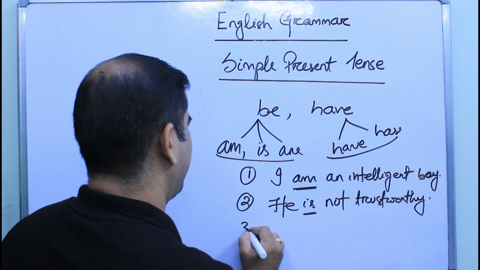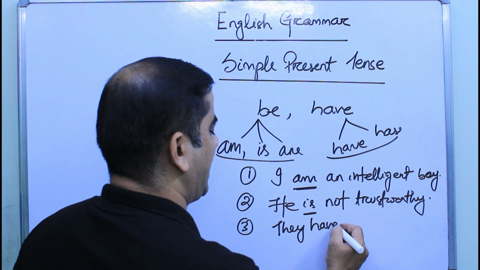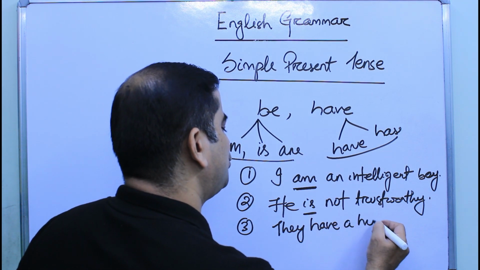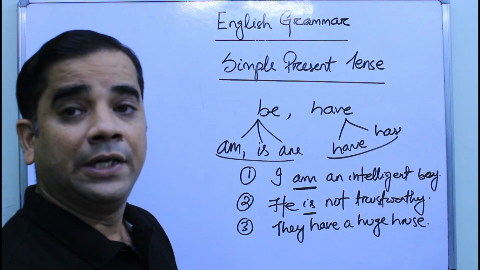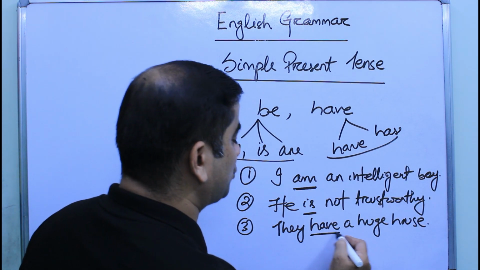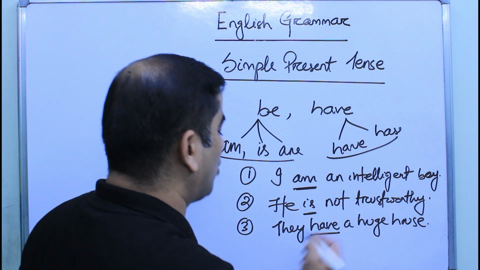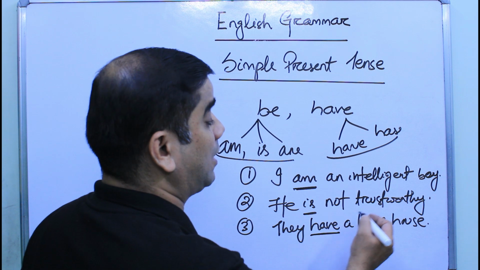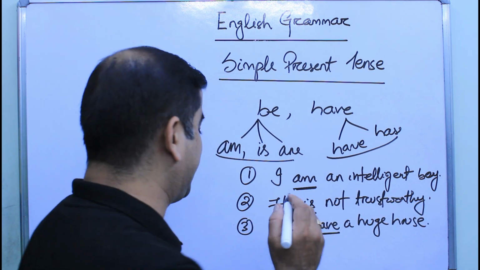If I write they have a huge house, in this case also have is used as an ordinary verb to show the possession of a huge house by them. So they have a huge house. Here it is also in its simple present tense.